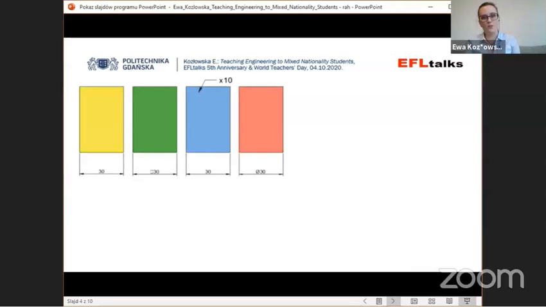And another thing, in engineering, you have symbols that are international, and it's great to teach them those symbols because this way they can be understandable. When I show this picture to my non-engineering students, they all say, okay, it's a colorful rectangle. What's the difference? The color. But when you look at the symbols, you can see the meaning of them.